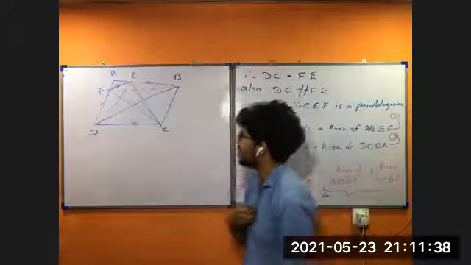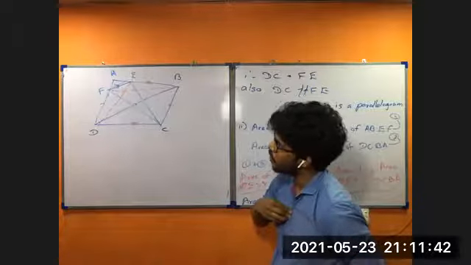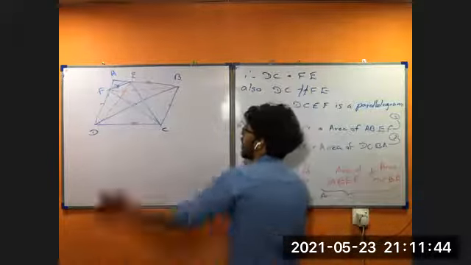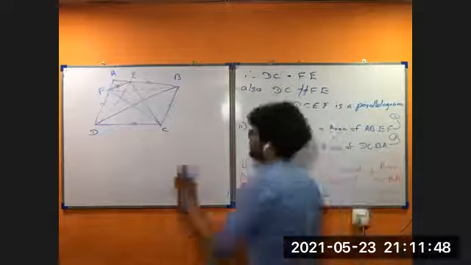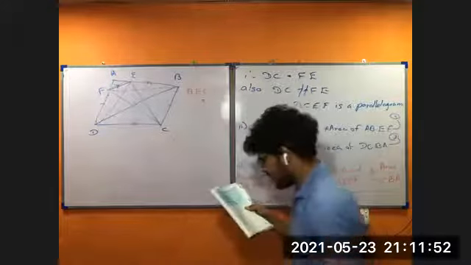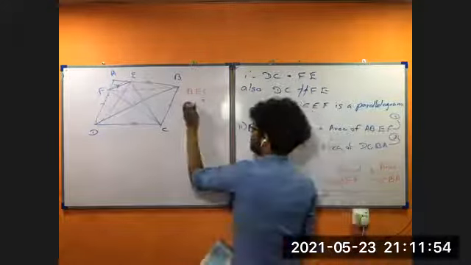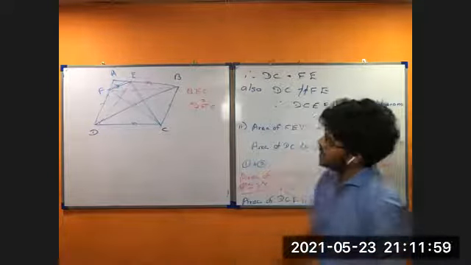When I drew that line, I saw that we have to show the area of BEC is equal to the area of DFC.